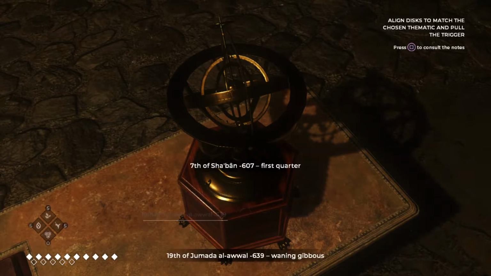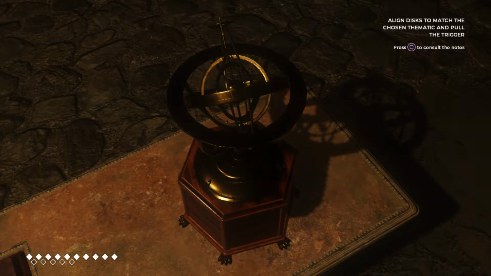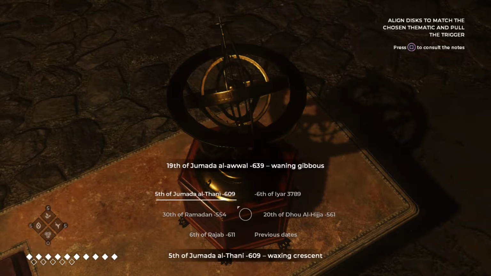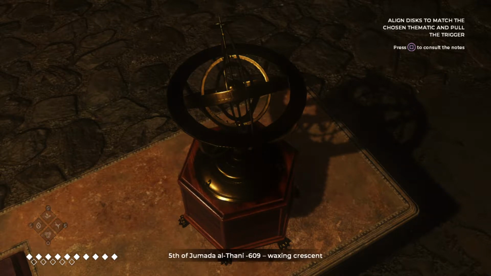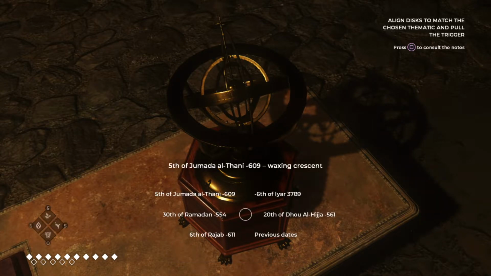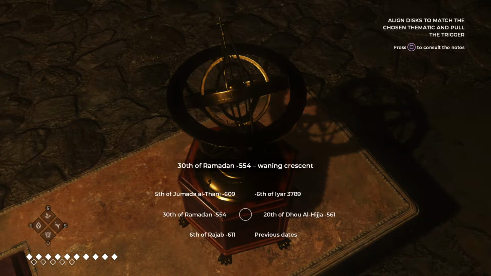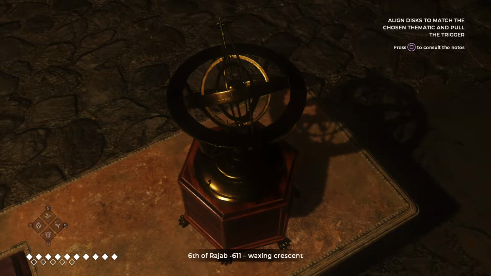Right. 19th of Jumada al-Awwal, 639, waning gibbous. 5th of Jumada al-Thani, 609, waxing crescent. 30th of Ramadan, 554, waning crescent. 6th of Rajab, 611, waxing crescent.